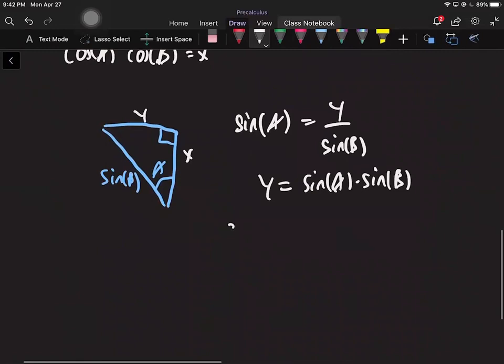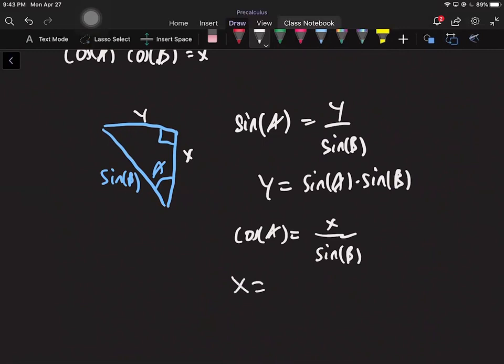So what about x? Same idea, just use cosine. Cosine alpha equals, opposite is, or sorry, adjacent now because it's cosine, over hypotenuse. And then you multiply across again, and you get this, sine beta cosine alpha.